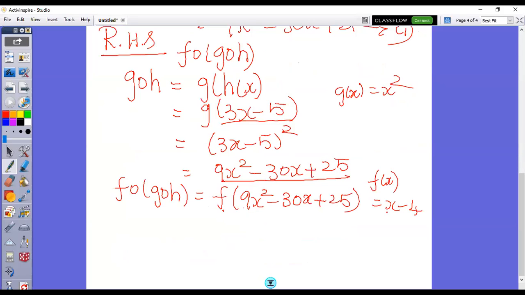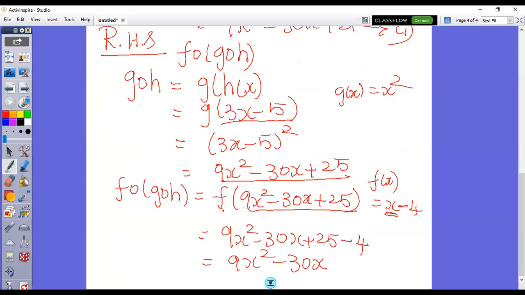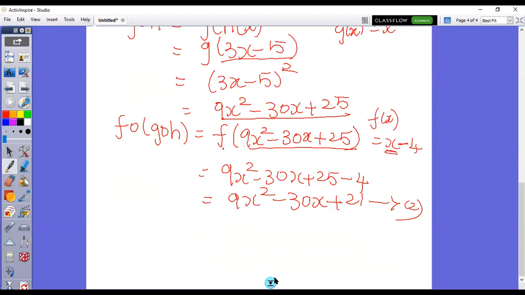Only substitute x value as 9x square minus 30x plus 25. Yes, let us next write minus 4. So 9x square minus 30x plus 21. This is the second equation. From 1 and 2, same equation. So LHS equal to RHS. Hence proved. Do you understand?